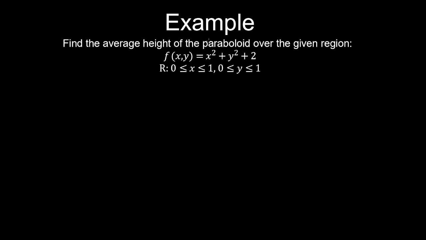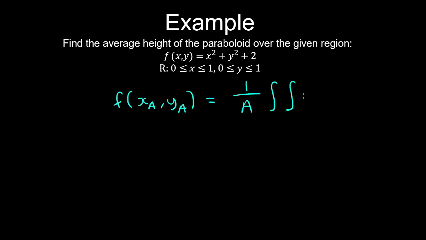Find the average height of the paraboloid over the given region. So recall that the average value of the function at some point in the region is equal to 1 over the area of the region by the double integral of the function over the area of the region. So we can evaluate this as an iterated integral.